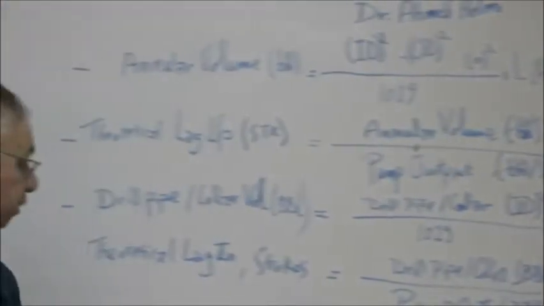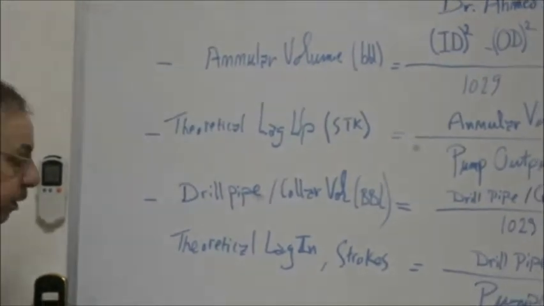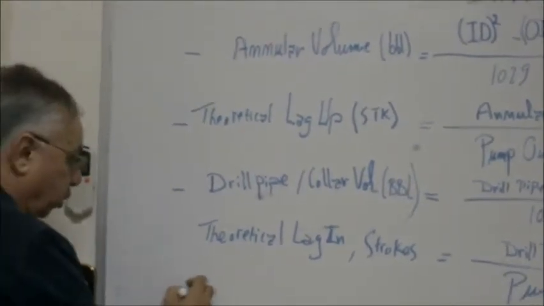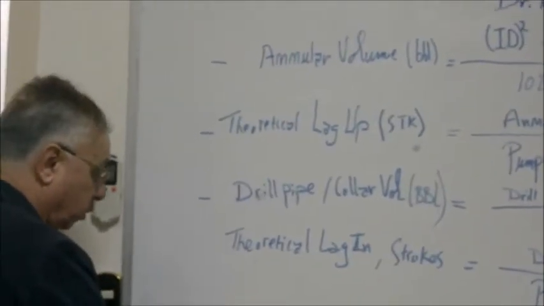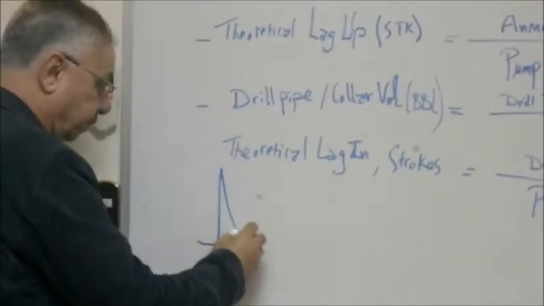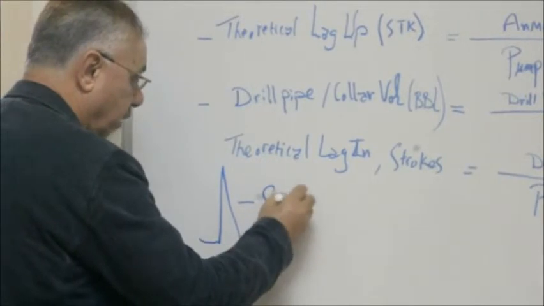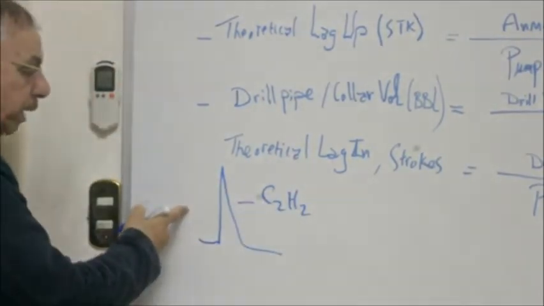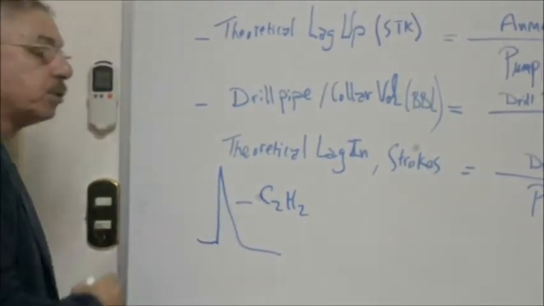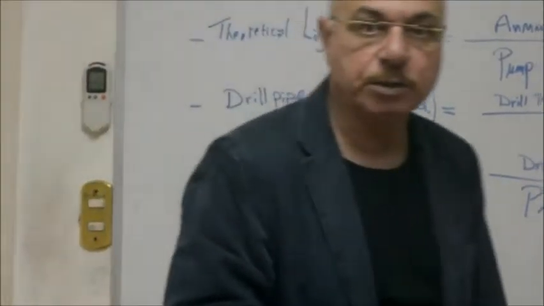When the acetylene from the calcium carbide is shown in the chromatogram with a peak like this, that is acetylene gas, C2H2. Alright? When they see this, the mud loggers stop the pump.